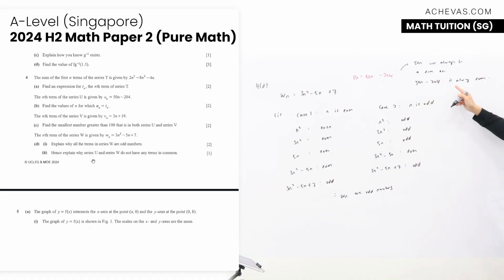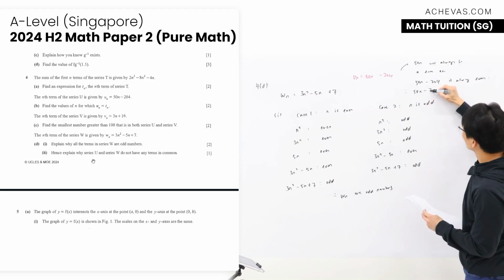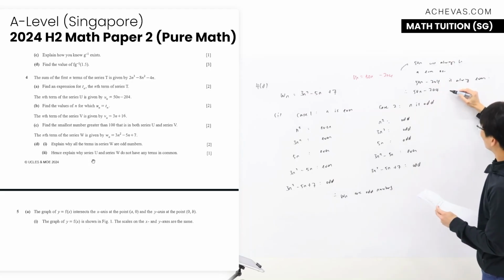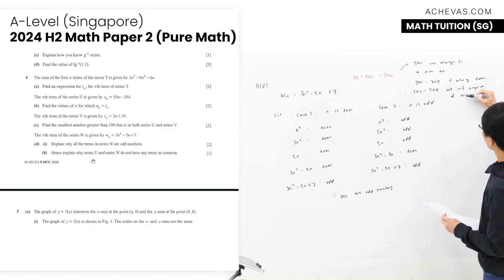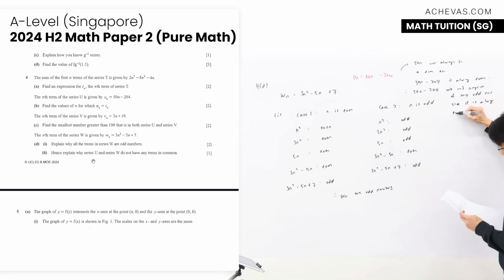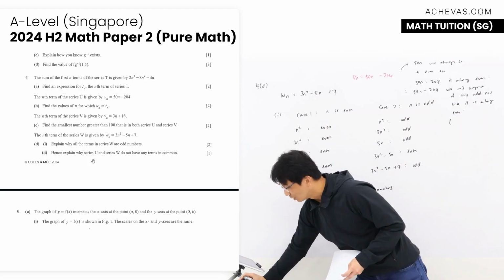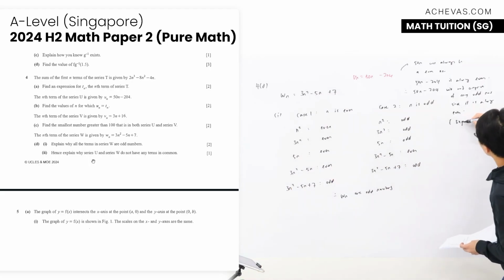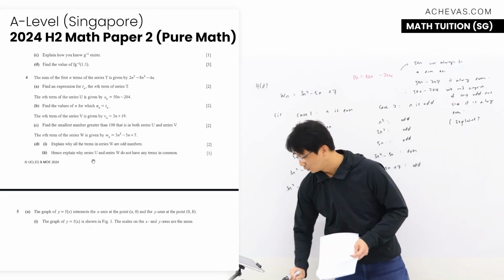So in this case, I can conclude that 50n minus 204 will not comprise of any odd numbers, since it is always even. That is the part that I need to explain. That will be my answer for my part D2.